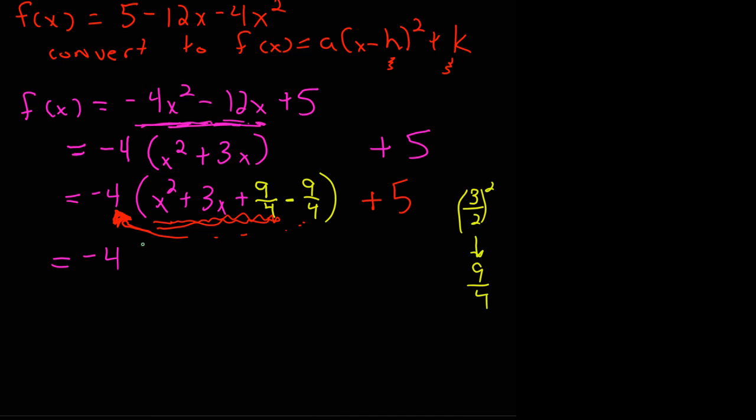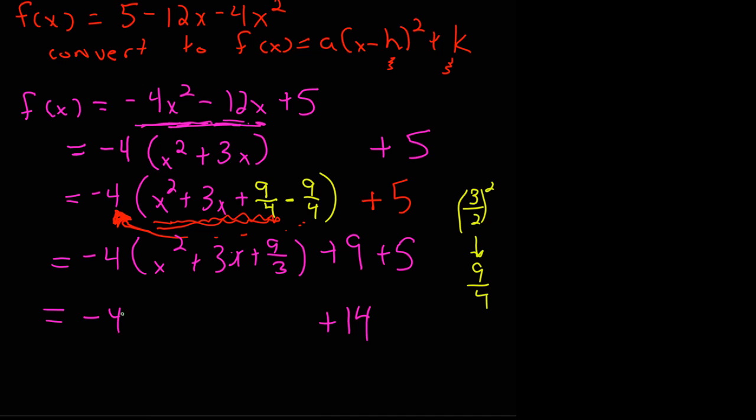So I get my negative 4 hanging out here. I get my x plus 3/2 quantity squared. And then this comes out, and I have positive 9 plus 5. Well, I'll combine these out here to give me a 14. Keep the negative 4 here.